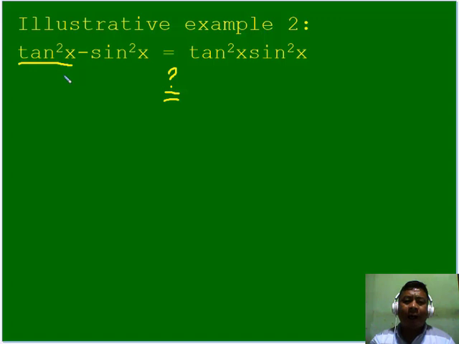Again, applying ratio identities, we can rewrite tangent squared x to be equal to sine squared x over cosine squared x, minus sine squared x.